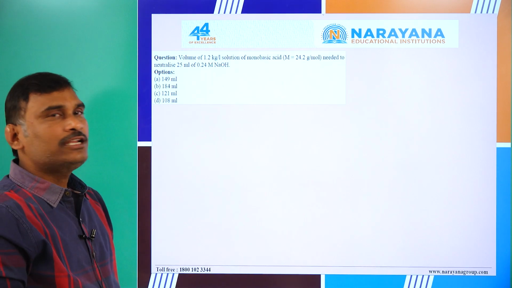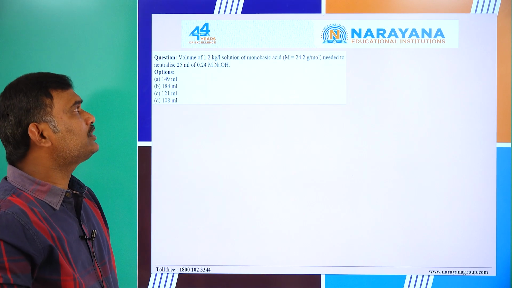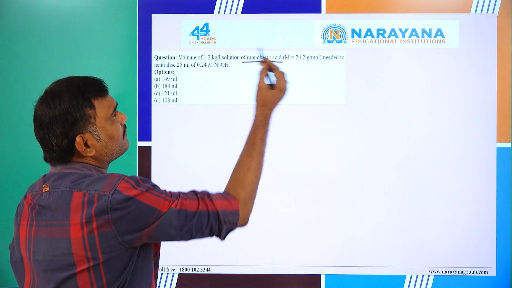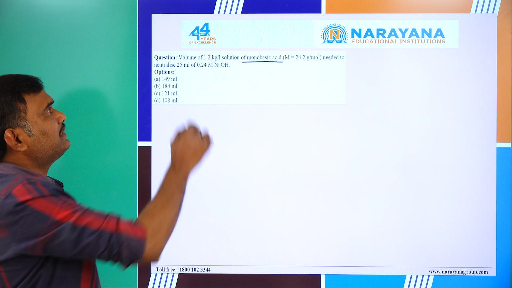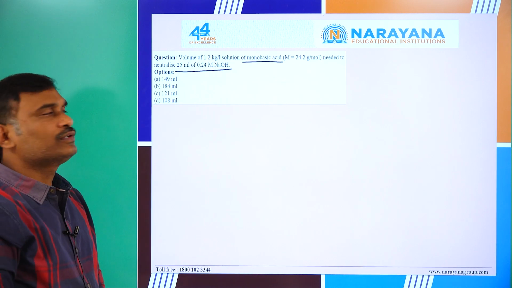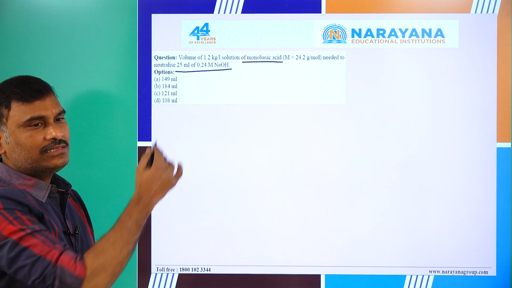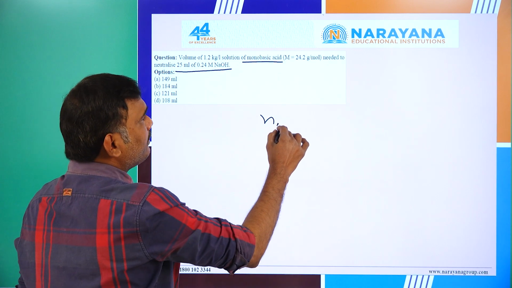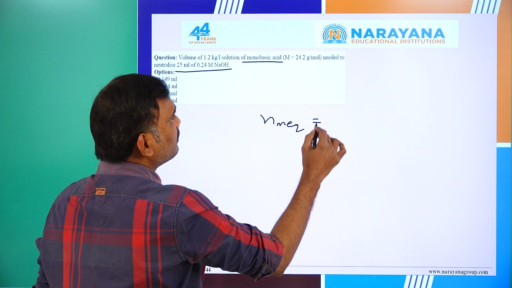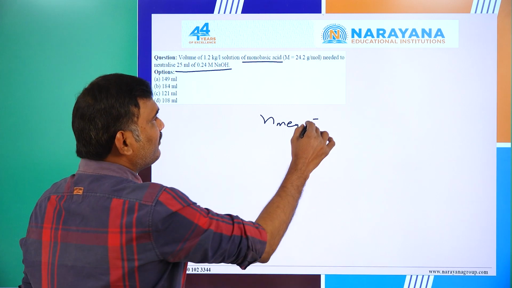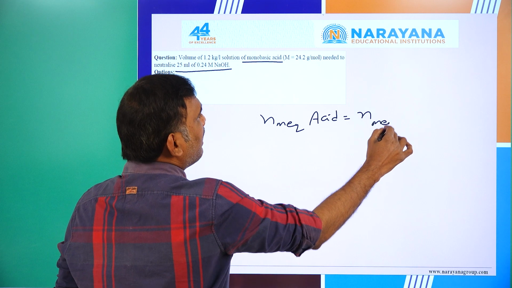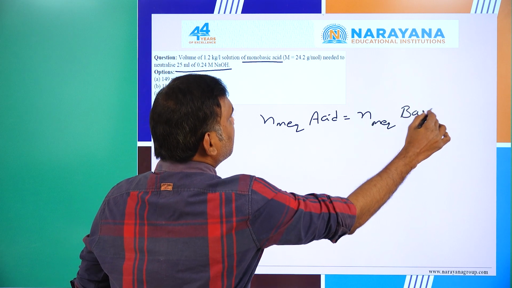What volume of 1.2 kg per liter solution of monobasic acid is needed to neutralize 25 ml of 0.24 M NaOH? When such opposite solutions are given, simply write that the number of milliequivalents of acid is equal to the number of milliequivalents of base utilized.